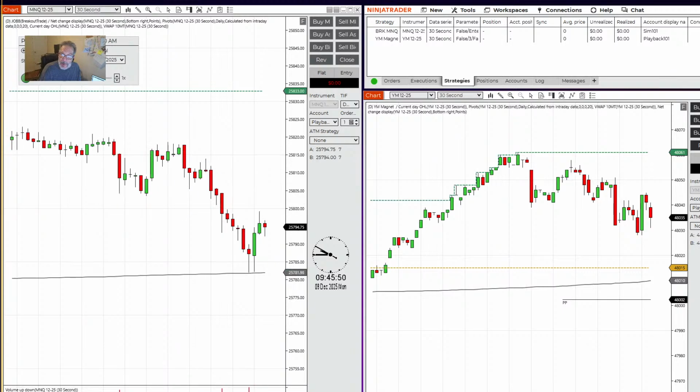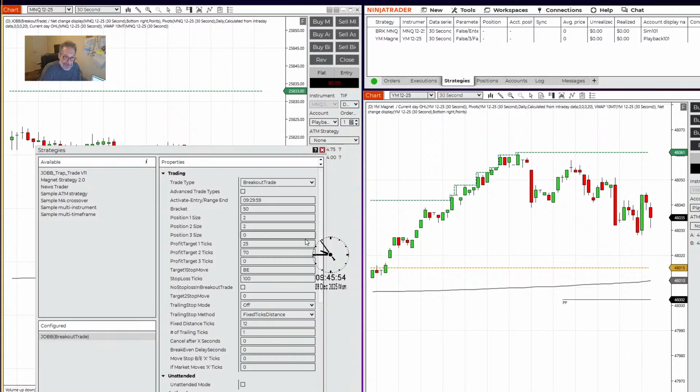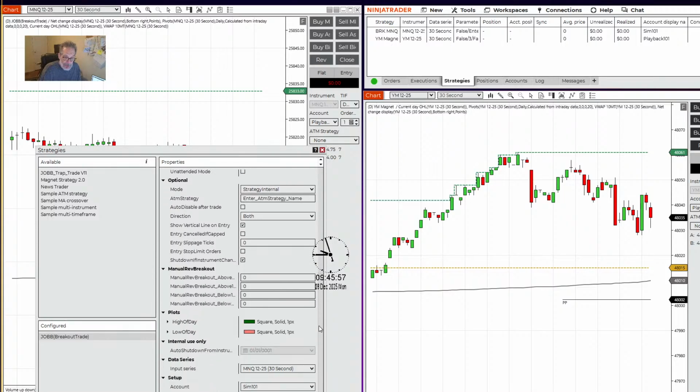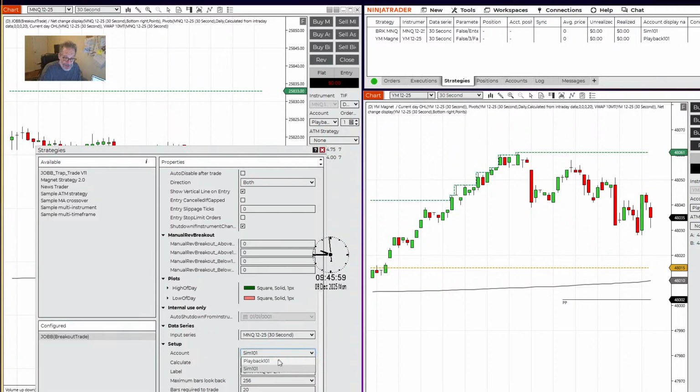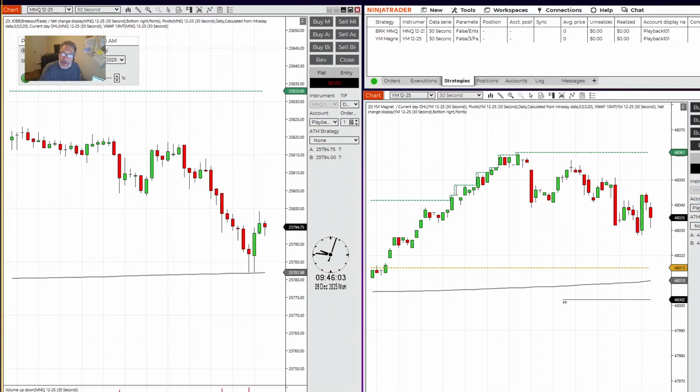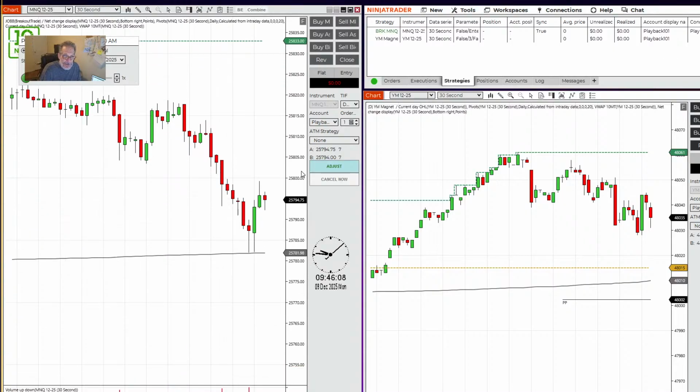Turn on the breakout. Make sure it's on playback in the account, or you won't do anything. Not on sim, but on playback. Apply it, okay it. Turn it on just like it was a real trade.